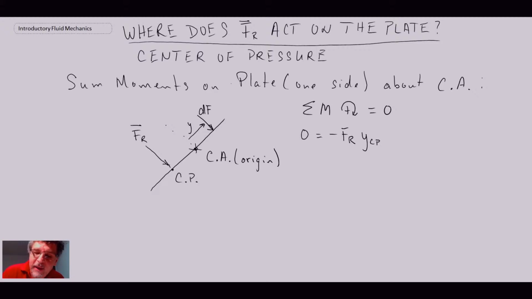Right now we don't know what that is. That's our unknown that we're trying to solve for. And it's negative because if you look at the sense of that, it's going to be in this direction, which is counterclockwise. And we add in the integral of y dF. And that would be this force here, and it is acting in a clockwise sense, and consequently it is positive.